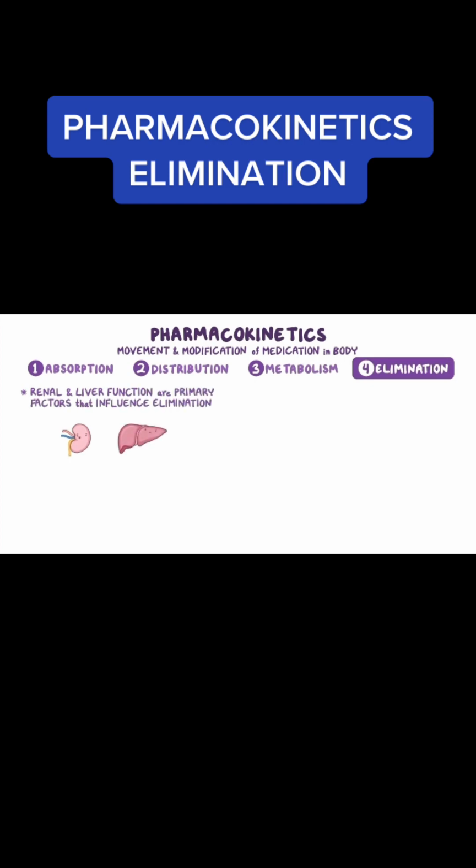Alright, as a quick recap, pharmacokinetics refers to the movement and modification of a medication inside the body and involves absorption, distribution, metabolism, and elimination. Renal and liver function are the primary factors that influence the elimination of medications from the body. Most medications are eliminated by the kidneys, however, some are eliminated through the feces, exhaled air, sweat, saliva, and breast milk.